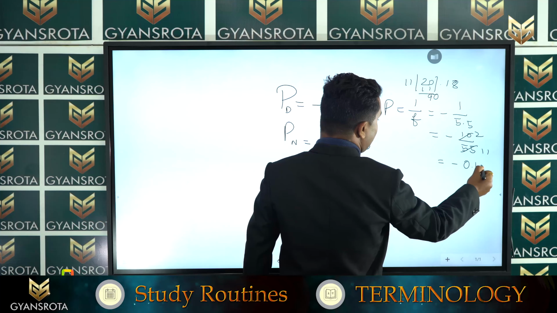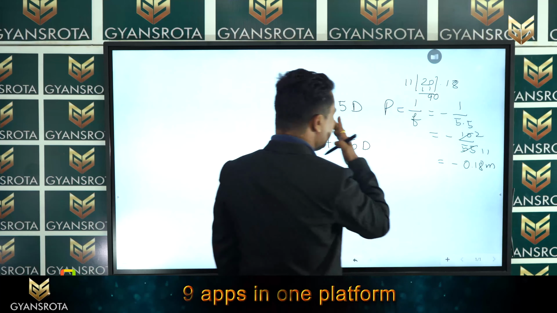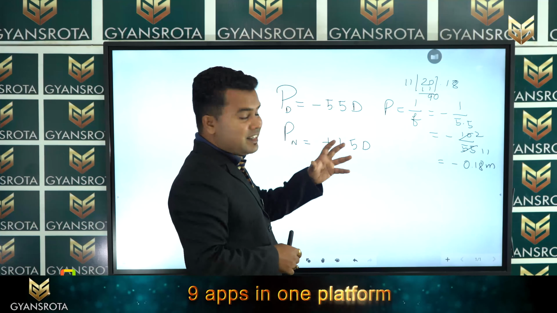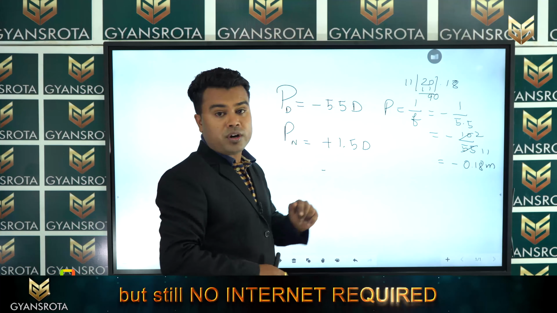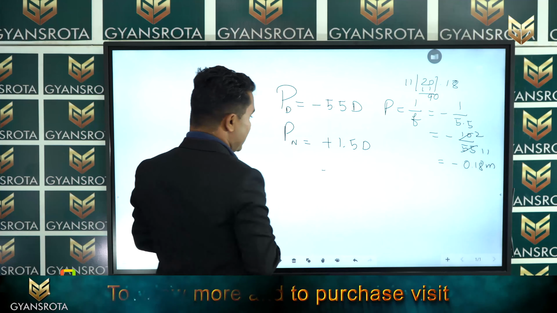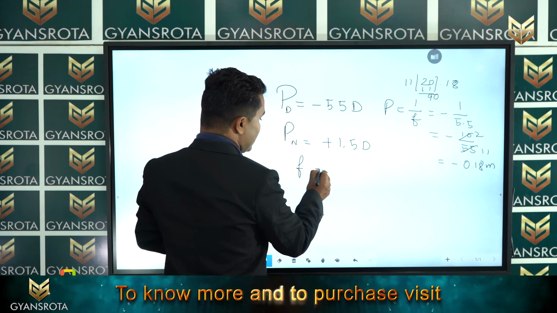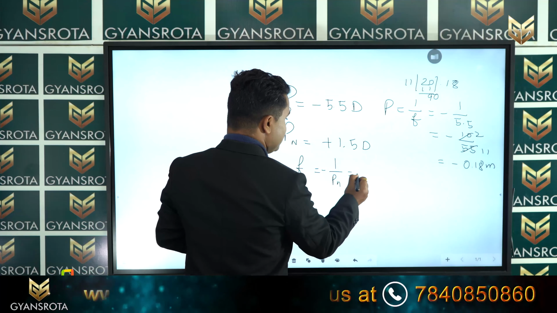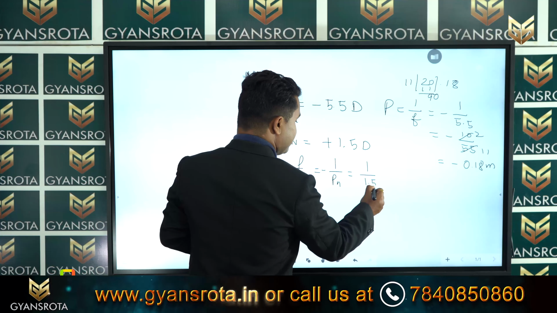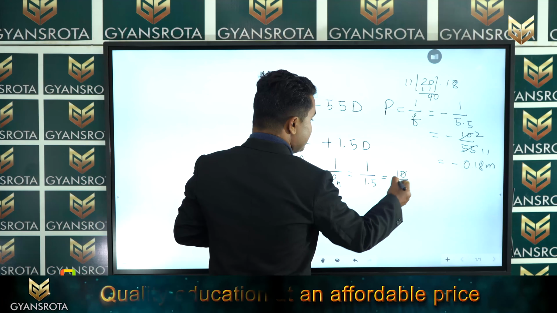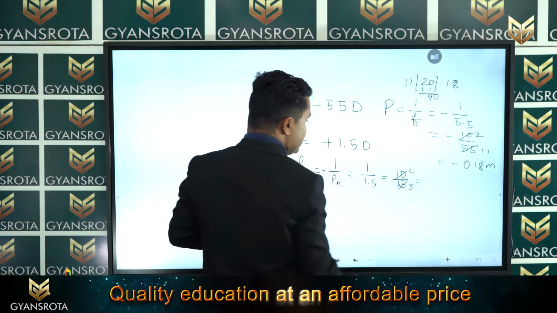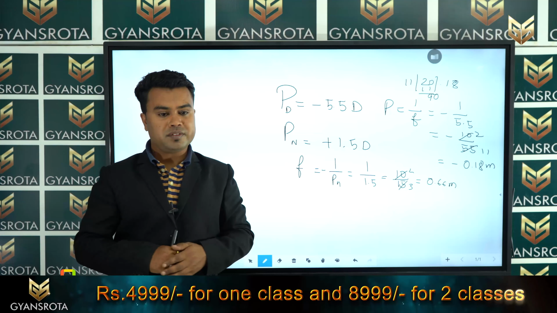So minus 0.18 meter will be the focal length for seeing objects at a distance. Minus means concave lens, and this is plus. So focal length will be 1 by 1.5, which is 10 by 15, that is 2 by 3, so 0.66 meter will be the focal length. This is how you can find out for both of them.